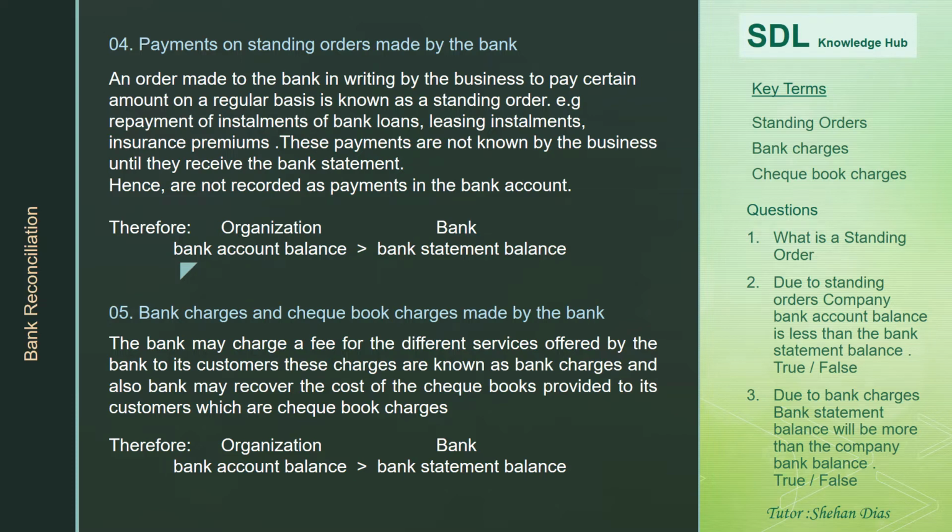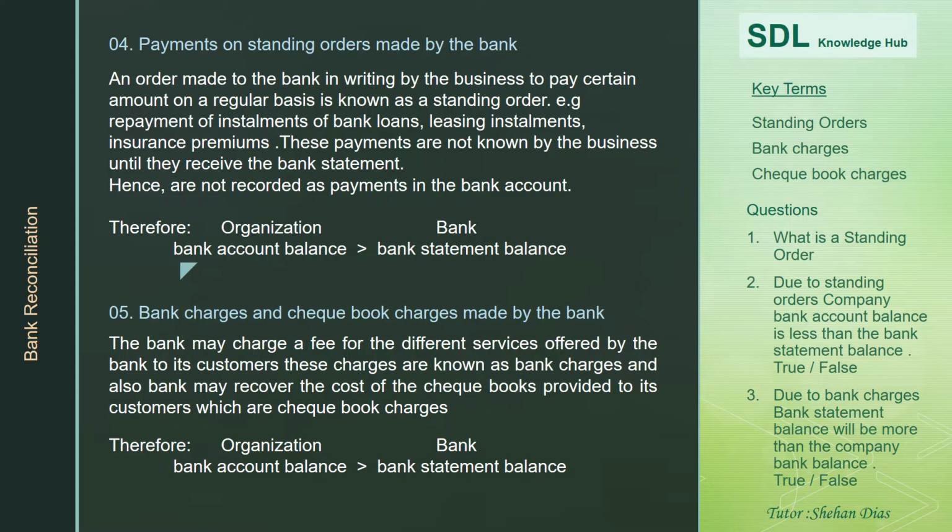As these payments are made by the bank, the bank balance will get reduced, but since they are not known by the business, these transactions are not recorded in the business bank account. Therefore, the organization's bank account balance will be higher than the bank statement balance.